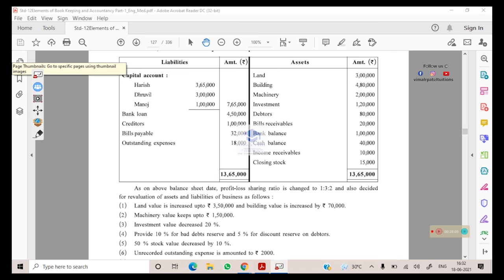Then machinery value is kept at 1,50,000. So the old value of machinery is 2 lakh. The new value will be kept as 1,50,000. So the old value is higher than the new value, so obviously there is a decrease in value of machinery. Difference, 2 lakh minus 1,50,000.